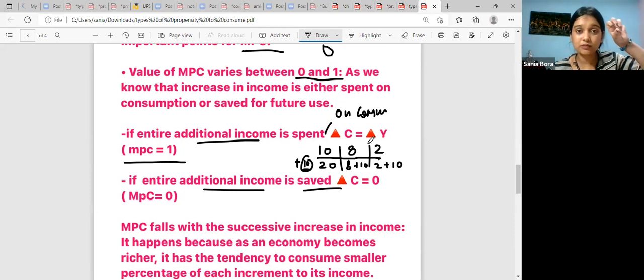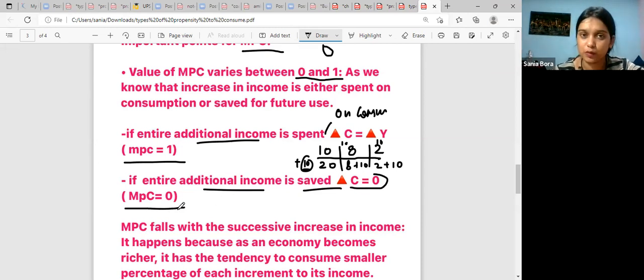For example, your income changed by 10 rupees and you consume 10. At that moment, your MPC is going to be 1. But if you use your entire additional income on savings, that means your consumption is 0 at that time. You are not consuming anything. You are using that additional income to save. So at that moment, your MPC will be 0. Clear?